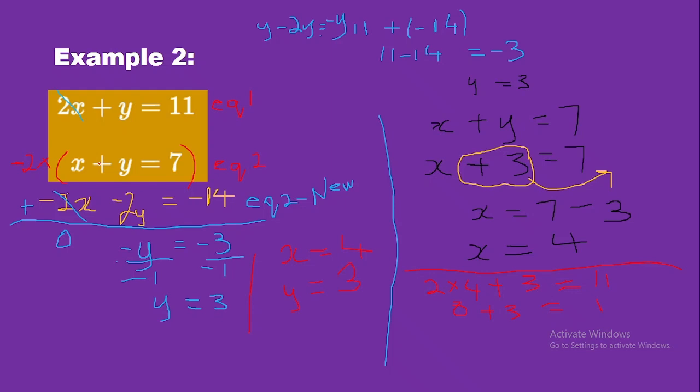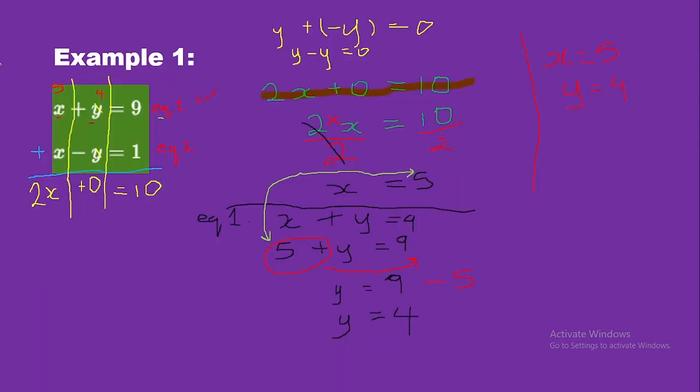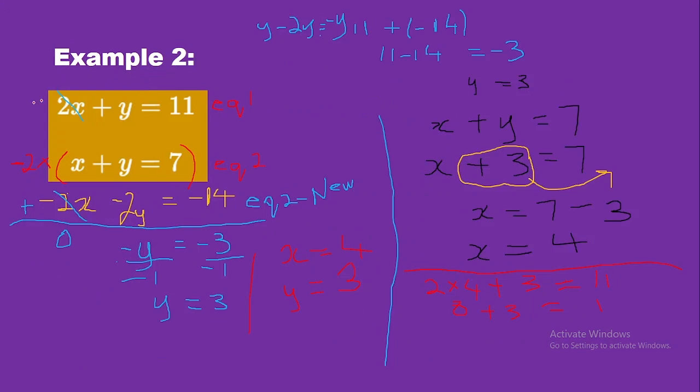I did it the longer way just so we can test out step 2, because in certain instances we have to multiply one equation or more by a number in order to make the coefficients of one variable the same or the opposite. In this case, for example 2, I multiply the second equation by -2. That's the opposite of 2, by the way, in order to get our opposite coefficient for the x right here.